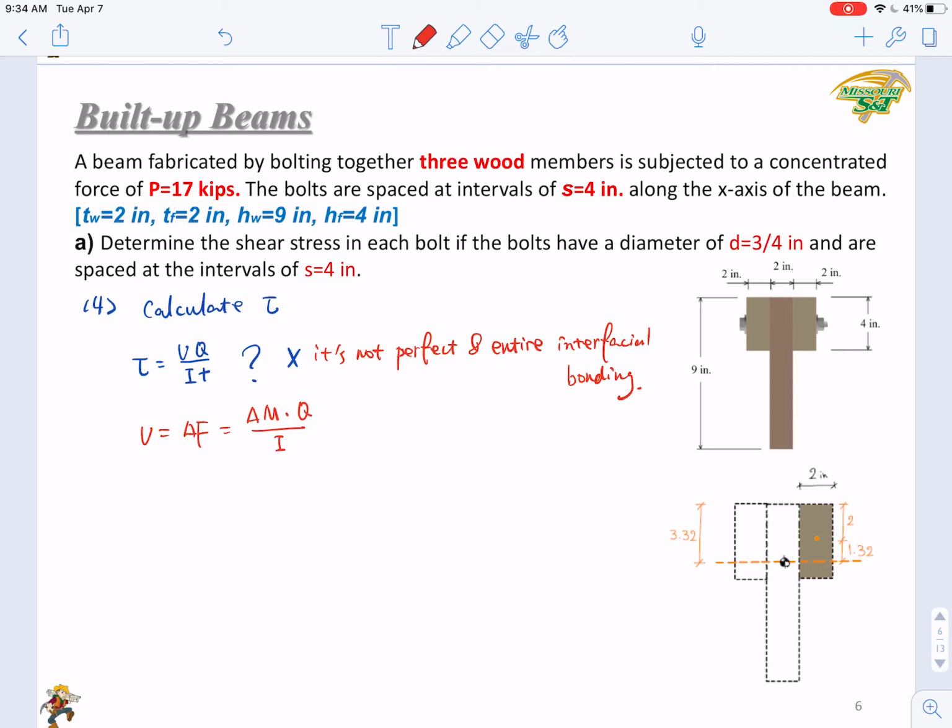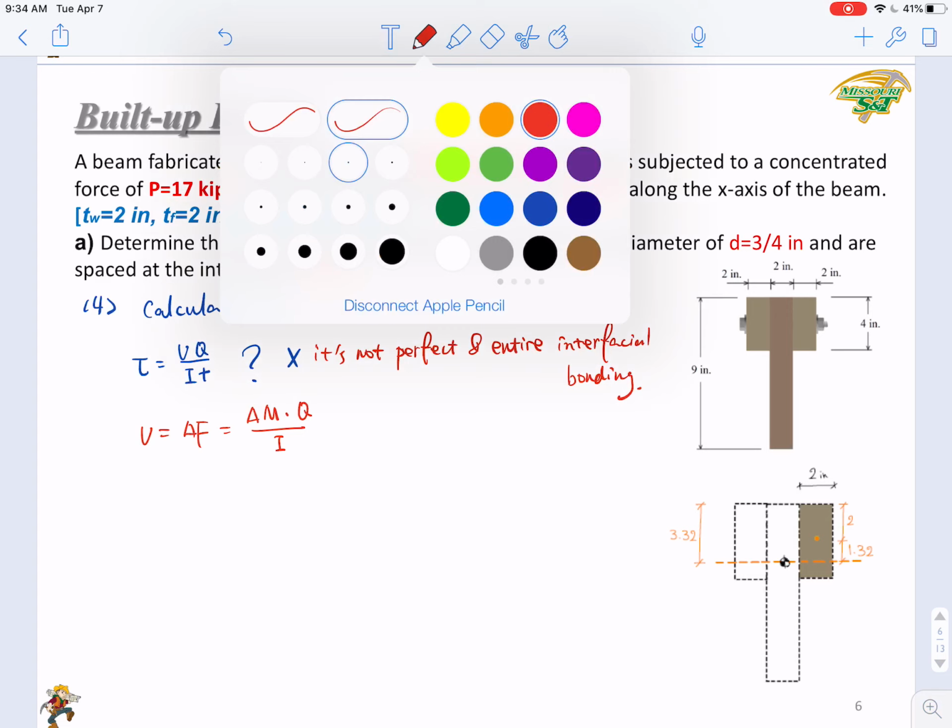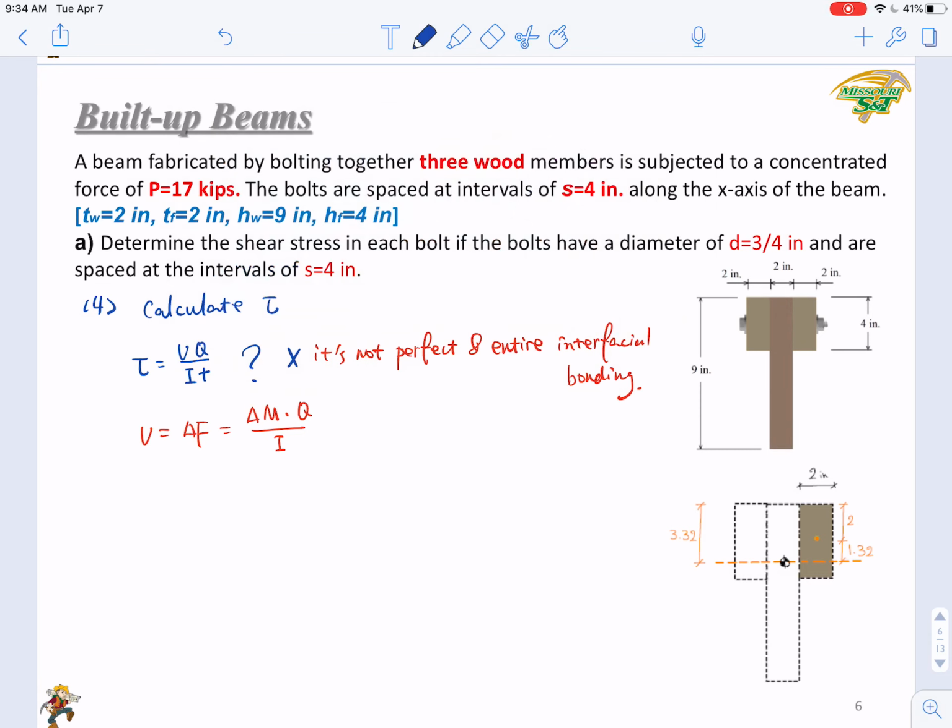So this is still valid. So the shear flow, we can also calculate shear flow. Remember the unit of shear flow? Right? The shear flow, that is pounds per inch. Right? That is a shear force per unit length.